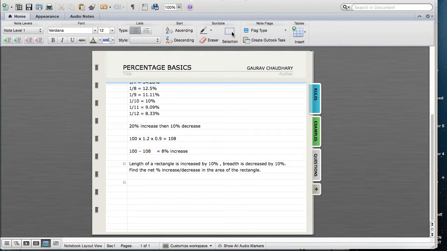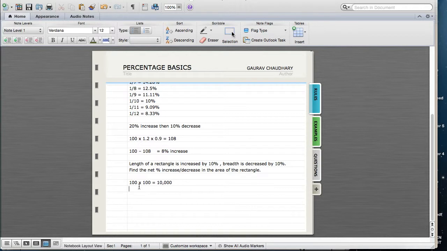Let's assume the length to be 100 and the breadth to be 100 again, because every square is a rectangle, so we'll take the length and breadth to be 100. So the original area was 10,000.